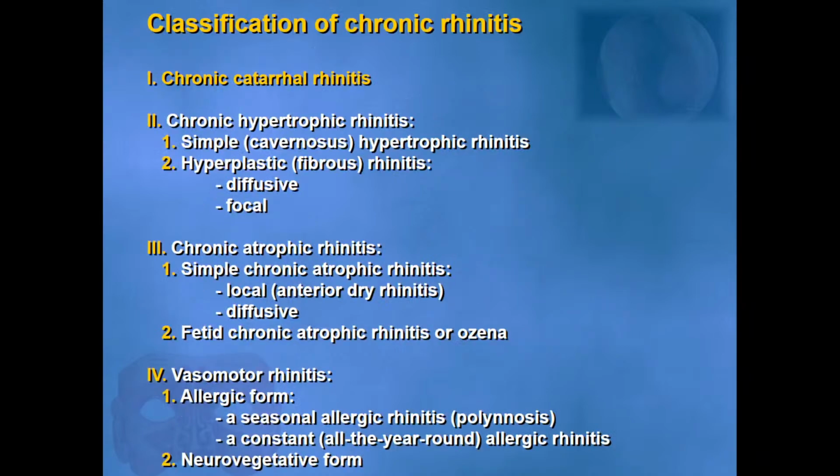So classification of chronic rhinitis. It can be chronic catarrhal rhinitis, chronic hypertrophic rhinitis, simple or hyperplastic, chronic atrophic rhinitis, simple or ozena, and vasomotor rhinitis, allergic form or neurovegetative form.